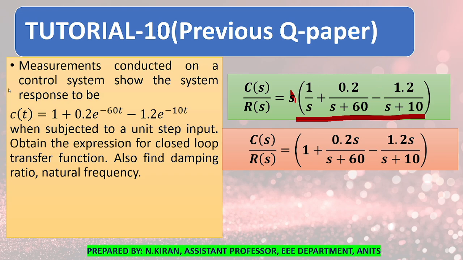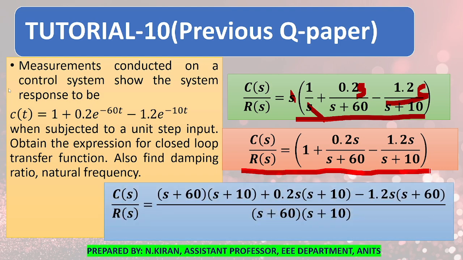This s and this s get cancelled in the first term, and both the second and third terms get the s term in the numerator. So this is the closed loop transfer function: 1 plus 0.2 s by s plus 60 minus 1.2 into s by s plus 10.